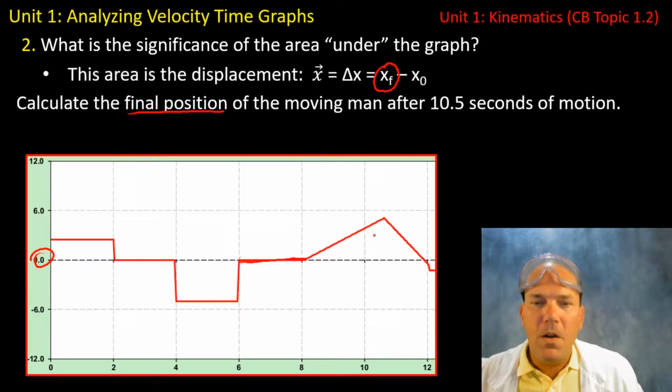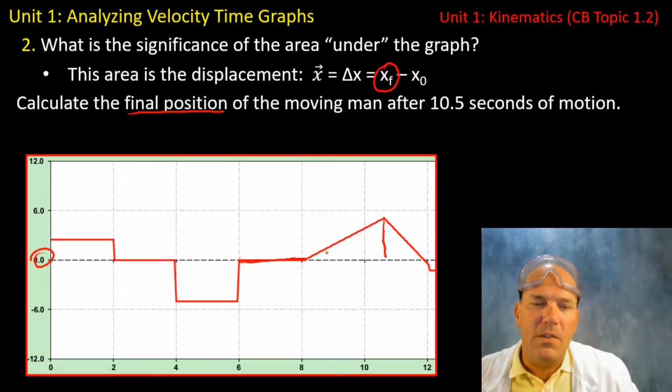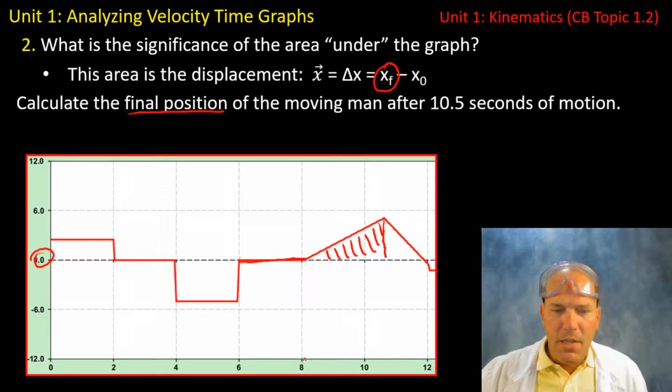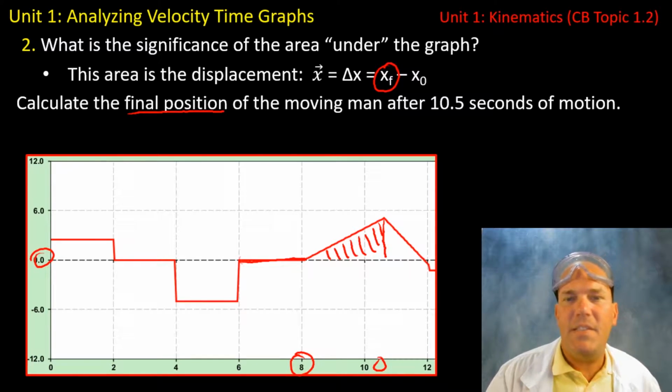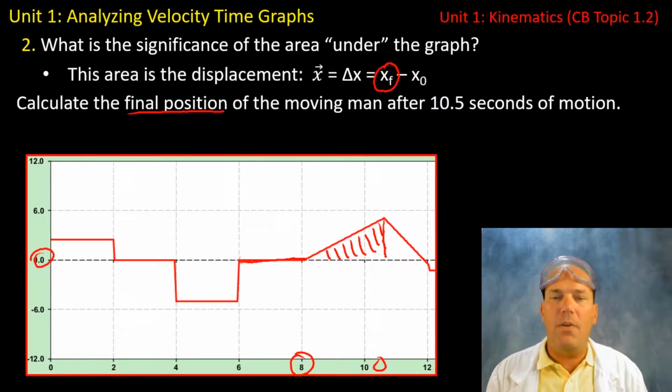And so for this next duration of time, we have ourselves a nice little triangle here between t equals 8 and t equals roughly 10.5 seconds. That's an estimation there, and it's good enough for what we're trying to calculate.